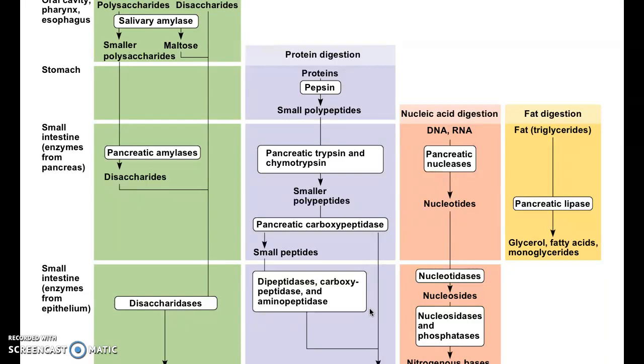Then it goes into the lining of the small intestine. It breaks it down further using dipeptidase and aminopeptidase. And at the end of that, you see single amino acids, and those amino acids cross through the microvilli, go into the bloodstream. So at this stage, here is where you're actually seeing some kind of absorption. There is no absorption anywhere here.